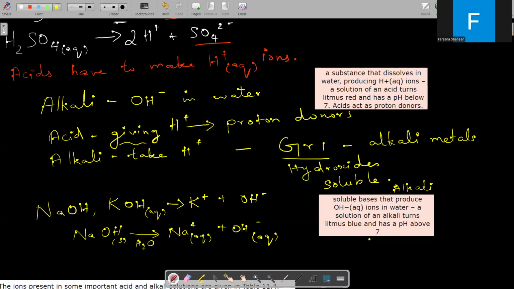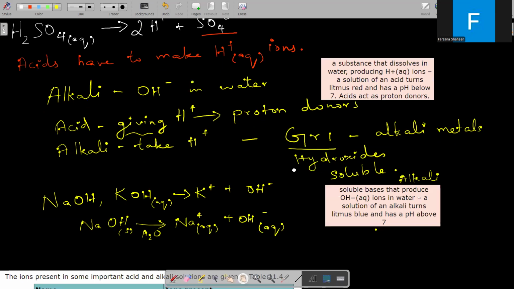So today, what have we learned? We have learned acids are substances that dissolve in water, and they produce hydrogen ions. Because they produce hydrogen ions, they act as proton donors. And alkalis are soluble bases that produce hydroxide ions in water.